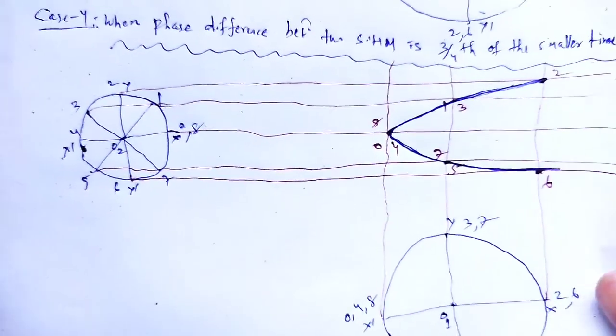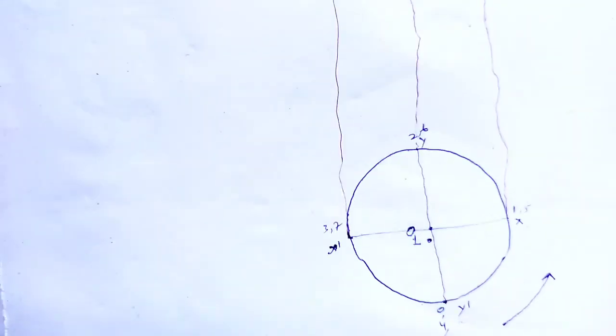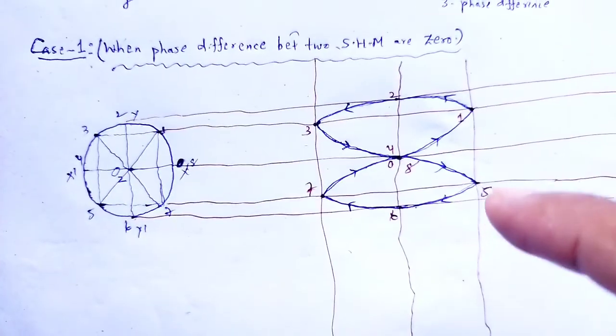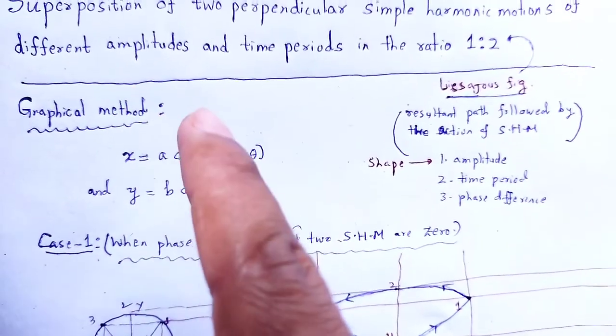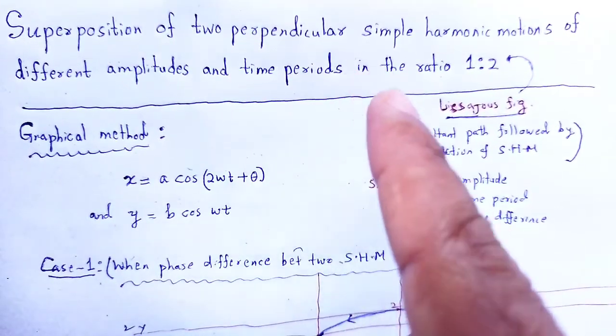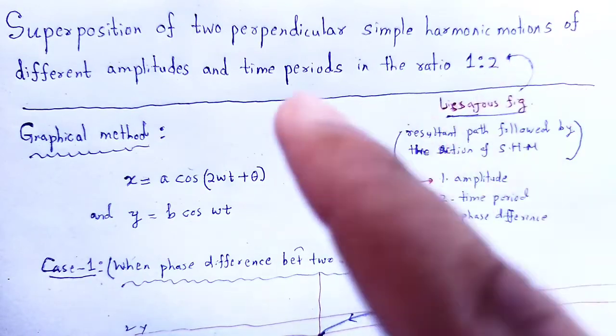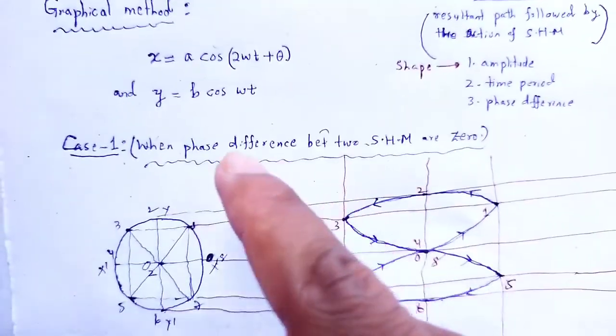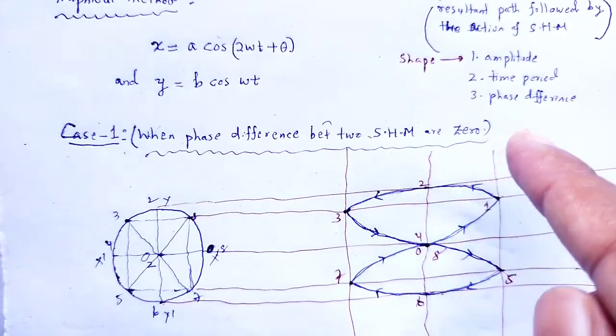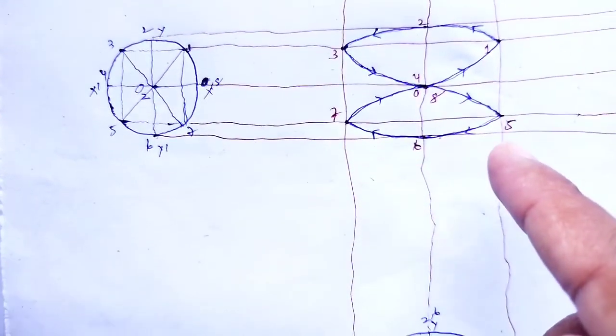So with the help of this video lecture, we understand the Lissajous figure 1:2 by the graphical method, as the superposition of two perpendicular simple harmonic motions of different amplitudes and periods in the ratio of 1:2. When the phase difference between the SHM is 0, that is the Lissajous figure.